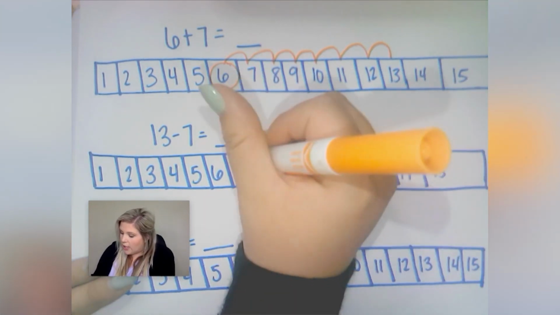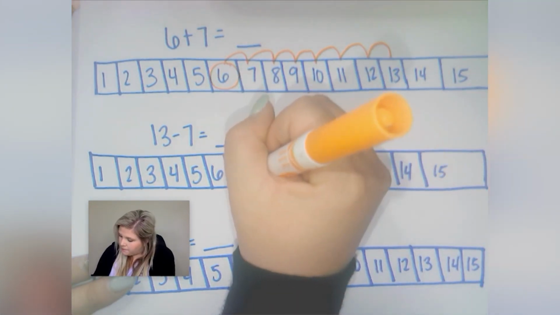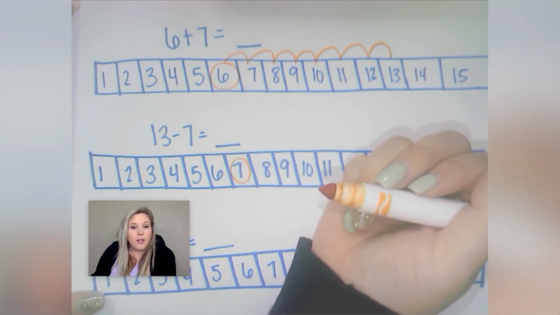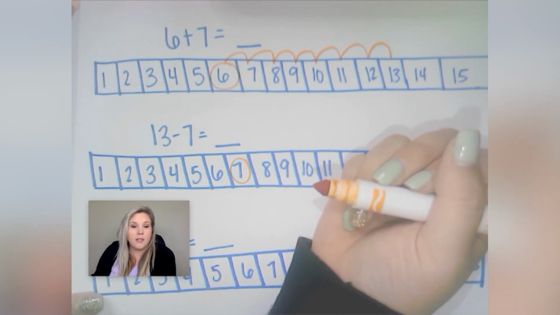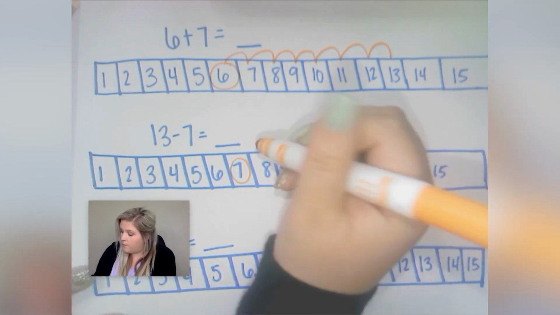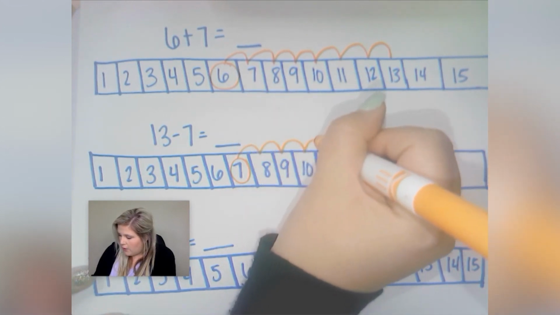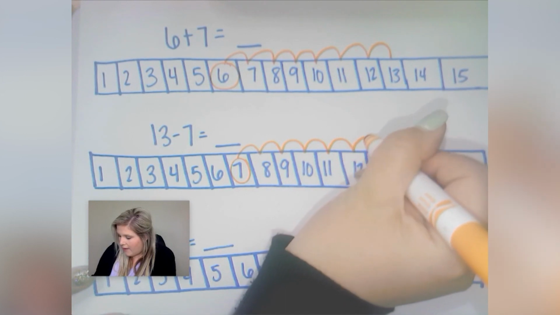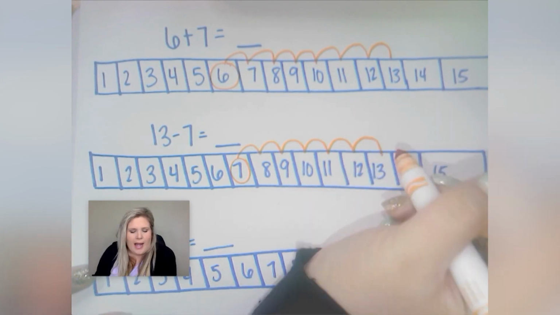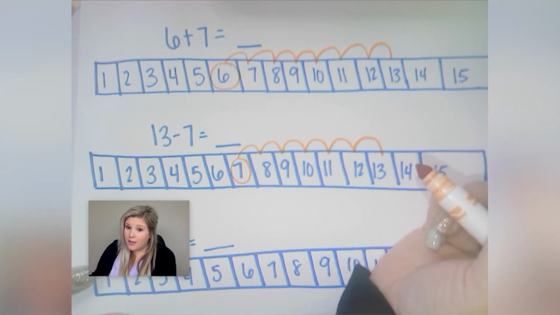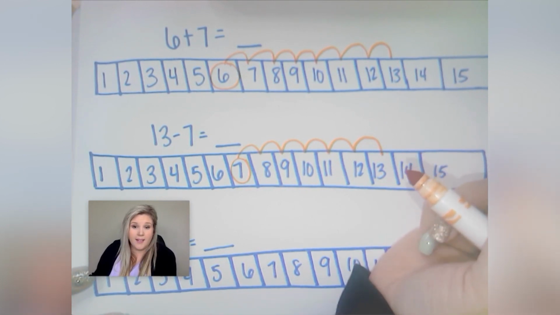I'm going to start at the number 7, and I am going to hop until I make it to the number 13. So I'm going to stop when I make it to 13. 1, 2, 3, 4, 5, 6. How many hops did it take to make it from the number 7 to the number 13? That's right.